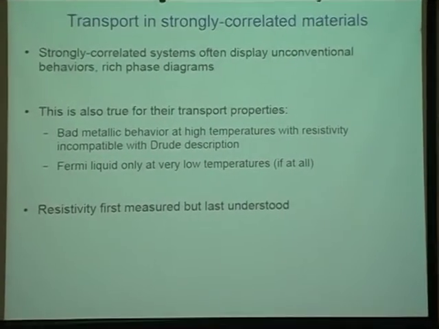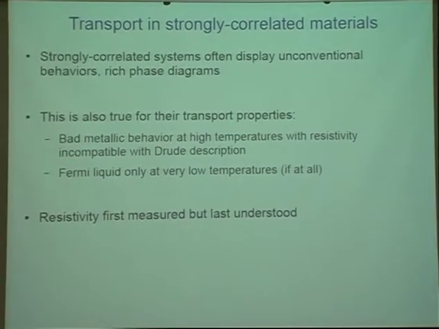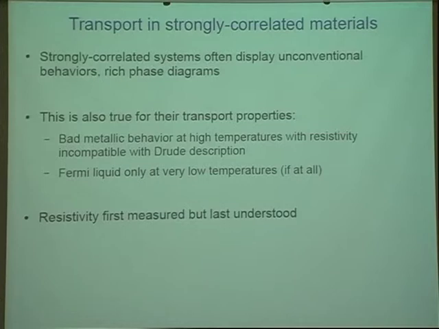So as we've seen this morning in the talk of Antoine, and also yesterday with André-Marie Tremblay, strongly correlated systems do big things that show up in their phase diagrams, which are rich. Think of the phase diagram of cuprates. This rich physics also appears in more direct measures, namely in transport.